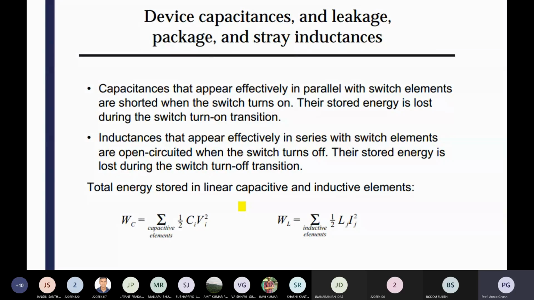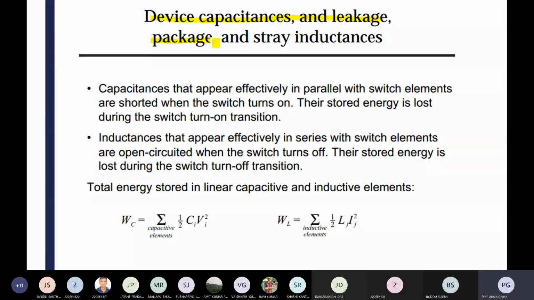So the device capacitance and the leakage. Some leakage is also there, like common base leakage. In transistor analog electronics you heard the terminology ICBO. Different leakages are also there.